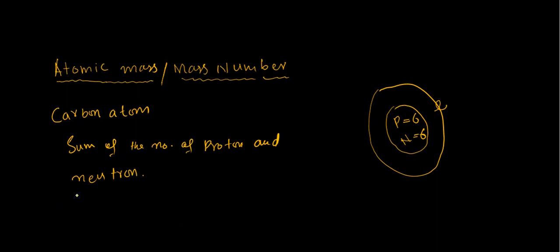Now, the mass number or atomic mass of carbon is equal to the number of protons in carbon, which is 6, and the number of neutrons in carbon, which is also 6. So its mass number will be equal to 12 AMU.